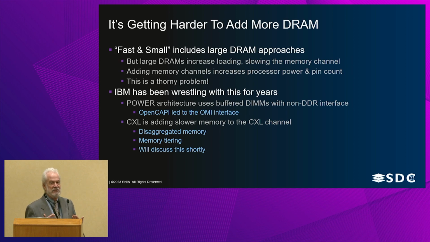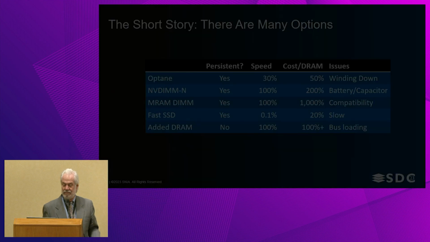It requires memory tiering, and because of that, it can accept different speeds of memories. So back in that table, I showed you that Optane was about a third the speed of DRAM. This would take care of that without having to have a special interface for it. And so we'll talk about CXL in a little bit.